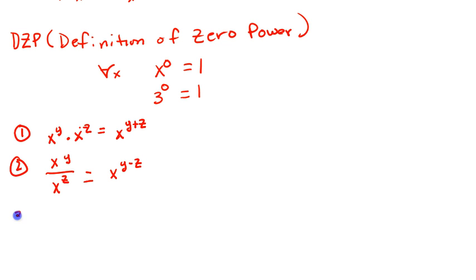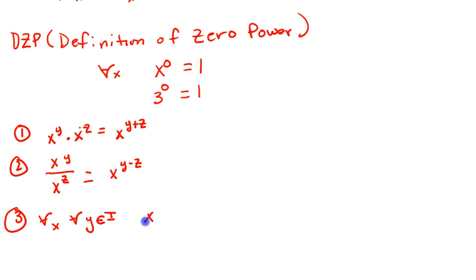Now, our third law that we're going to talk about is, for all real numbers x and all real numbers y, but y needs to be an element of the set of integers. That means y needs to be an integer.